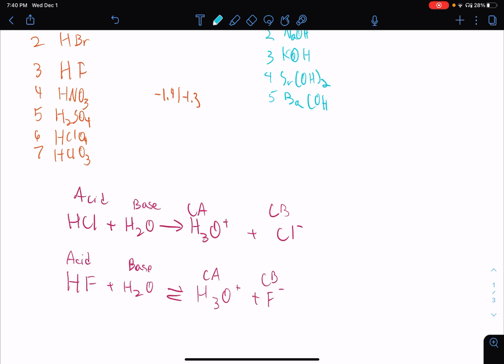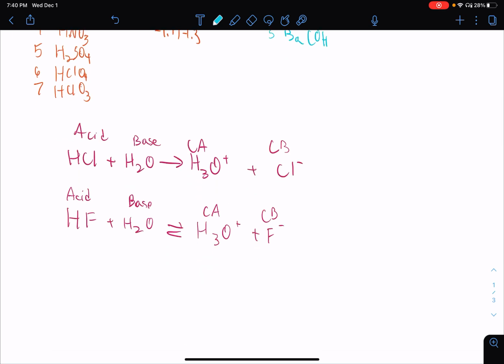And then the conjugate base is what takes the extra electron. In this case, it would be the Cl. Most of the time you can just figure out what the conjugate base is by which one lost its H group.